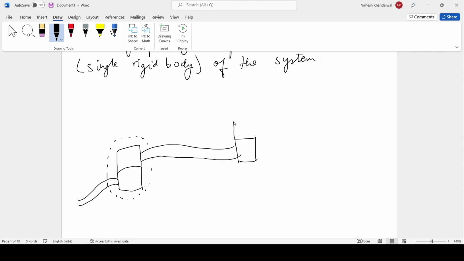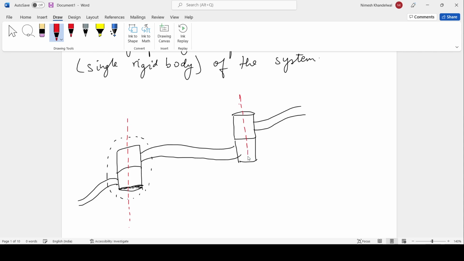And this is the other revolute joint, and this is the other link. I'll just show the axis of these joints with this red line.